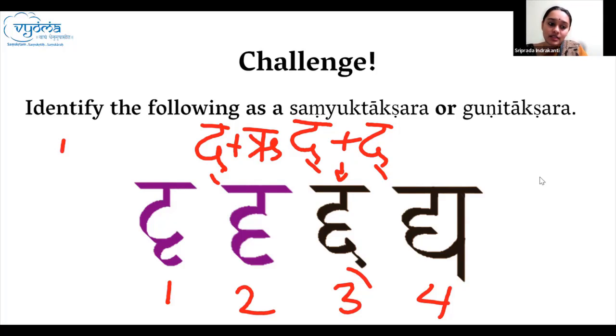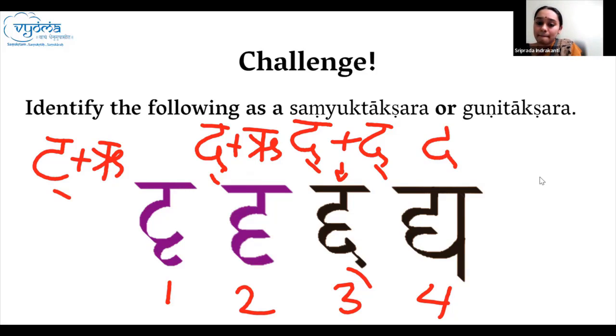Dr. This is t plus r. Tr. The last one is the letter plus y. Dya. So this is just for revising the Gunitaksharas and Samyuktaksharas, which are very similar to each other.